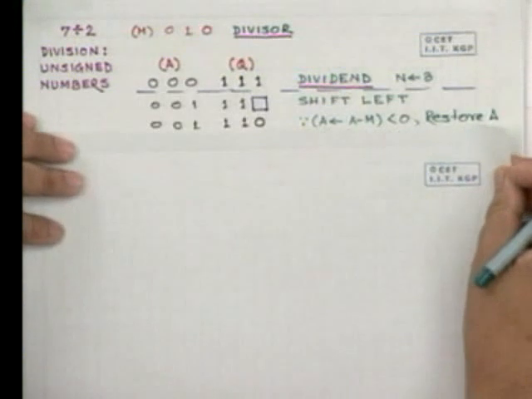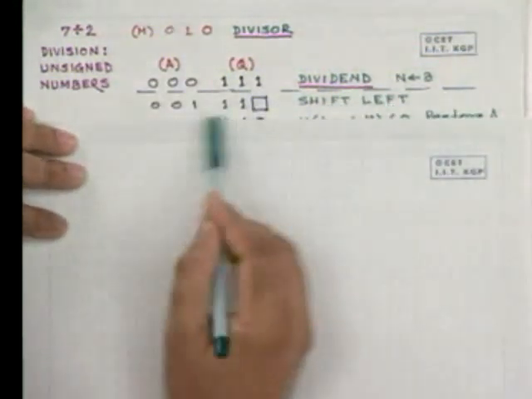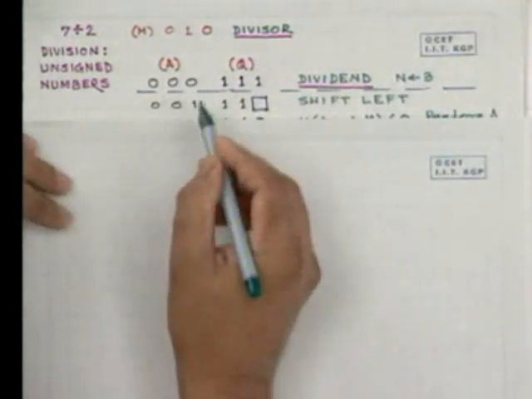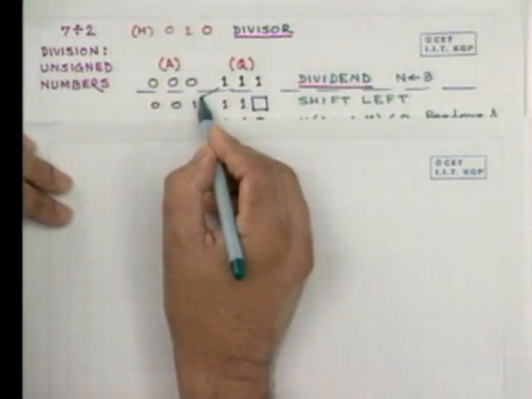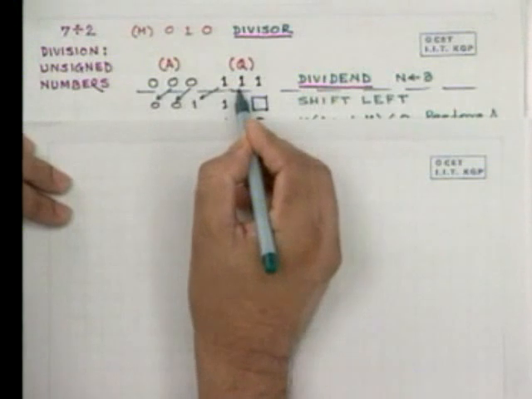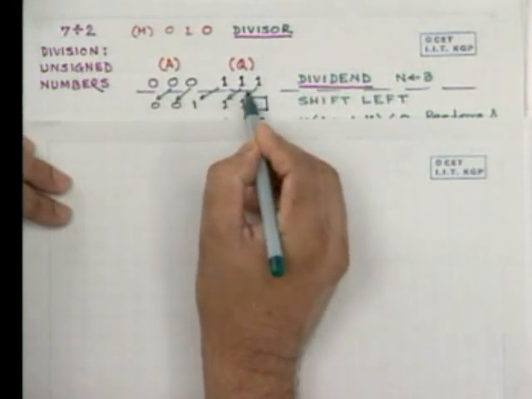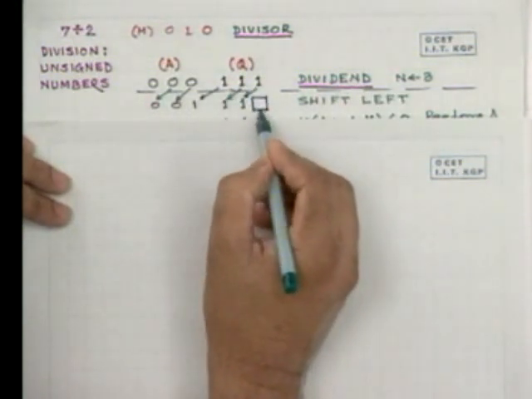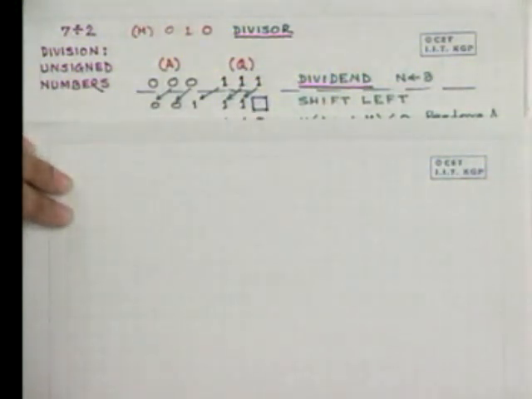Next, we shift left one bit position. That means 0 comes here, this 0 comes here, this 1 comes here, this 1 comes here, and this 1 comes here, and we'll have to decide what will be the Q0 bit.